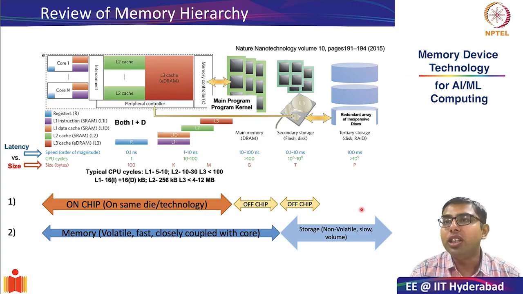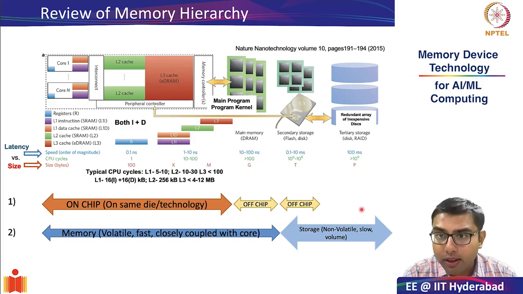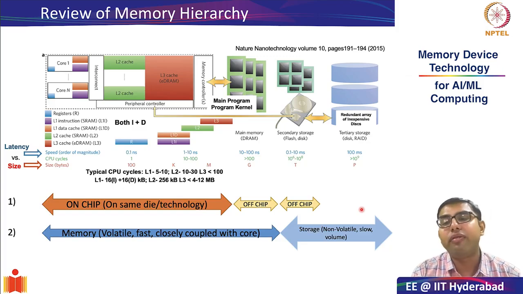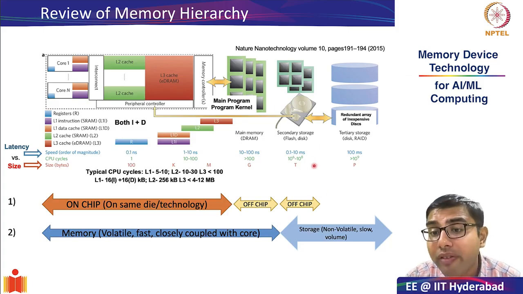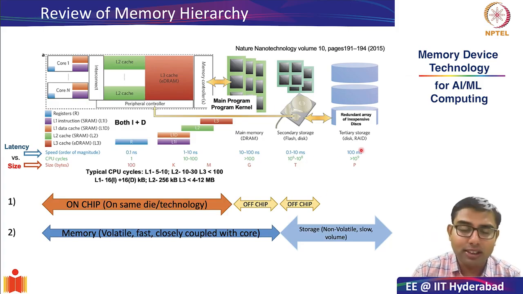Storage elements, which consist of NAND flashes and magnetic tapes, are essentially non-volatile, but they are very slow. The advantage is you will have very high bit density and therefore very large volumes, in the orders of terabytes, petabytes.